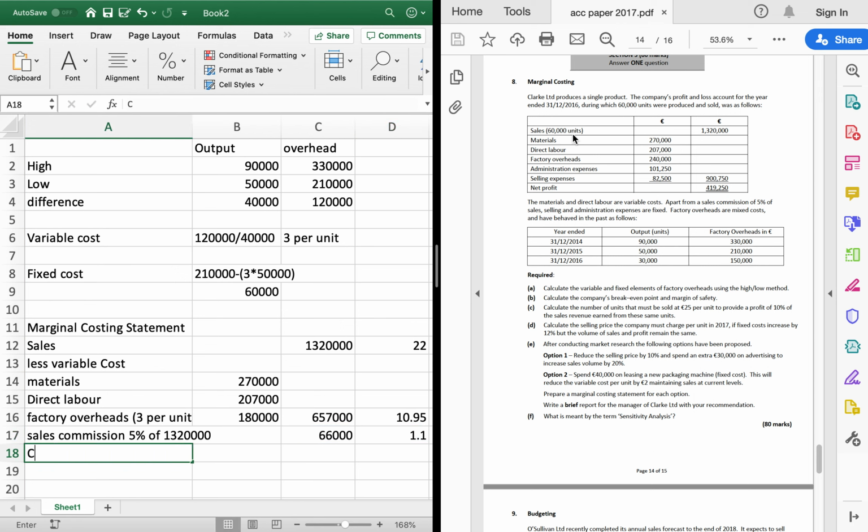So the contribution is sales minus variable costs. So 1320 minus 657 minus 66 is 597, and 22 minus 10.95 minus 1.1 is 9.95 per unit.